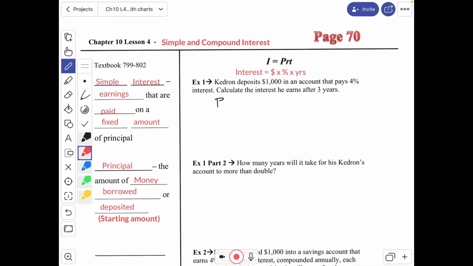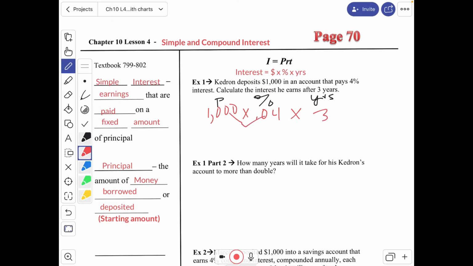So principal, which is 1,000, the percent, which is 4%, that's 0.04, times the years, which is 3. And remember, it's all multiplication, so you can do it in any order you want.